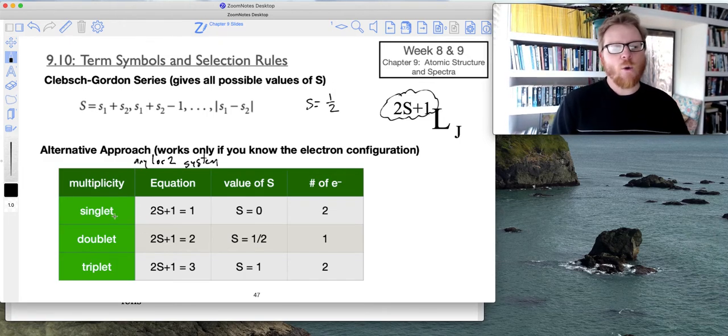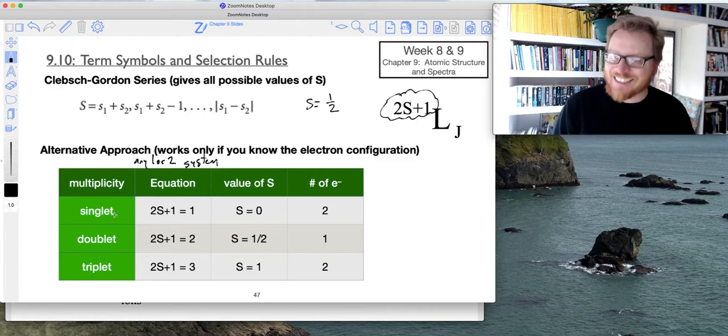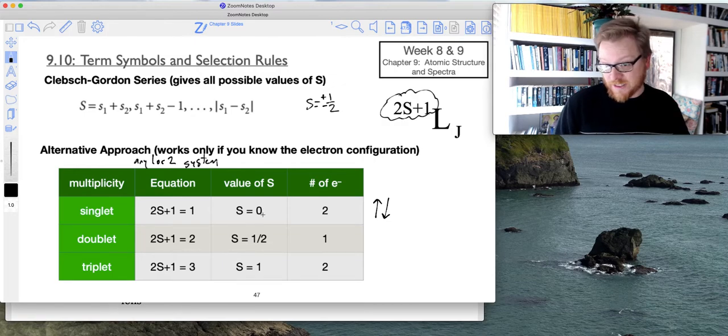Okay? So if we have a singlet, we know that a singlet describes a paired up set of electrons. Okay? And if you go and calculate S for this situation, you get S to be equal to 0. Oh, so excuse me. So S plus or minus 1/2, right? Okay. So both of those cancel out. S is equal to 0.